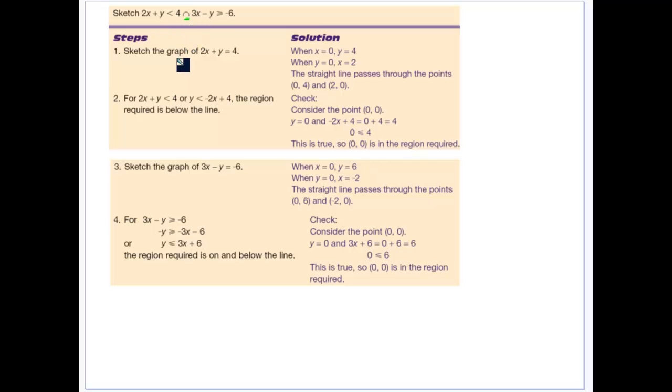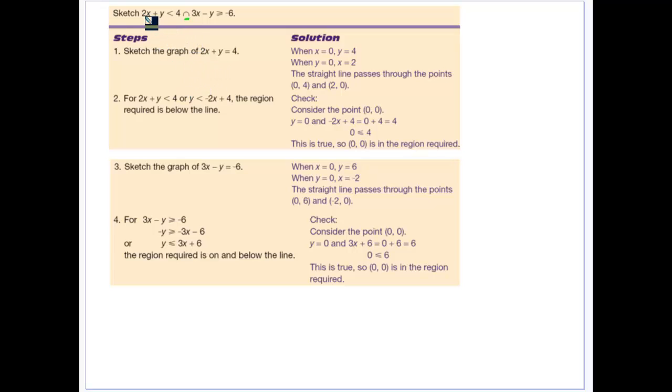So we want to graph both of them up, and then see where the shading overlaps. That would be the region where points satisfy this one and this one at the same time. Now there's only a certain amount of points that will do that, and that's what we want to find. So the process we need to do is sketch the graph of both of them.